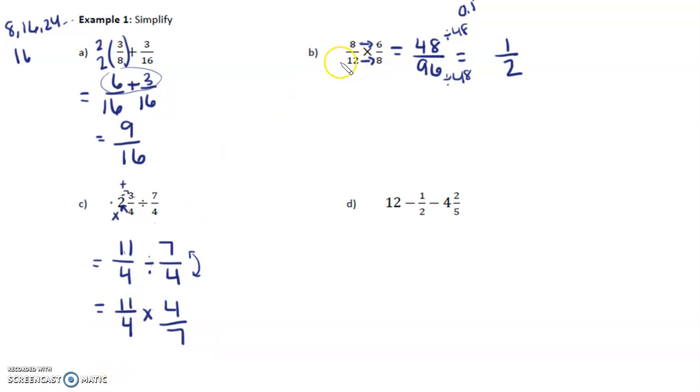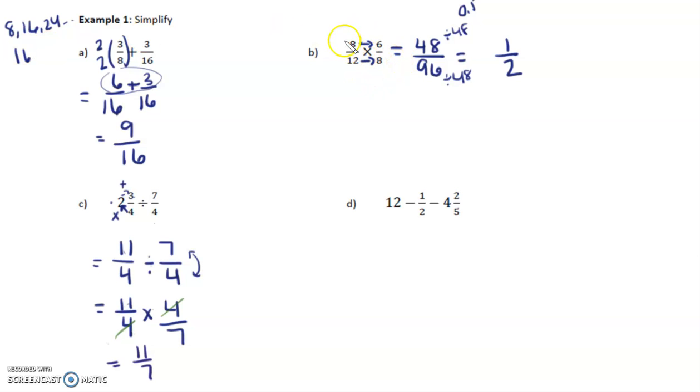We could have identified this in B, but take a look at this. We have 11 over 4 and 4 over 7. Do you notice that there's a 4 in the numerator and a 4 in the denominator? If there's a 4 in the numerator and a 4 in the denominator, we can cancel those out, and we get 11 over 7.